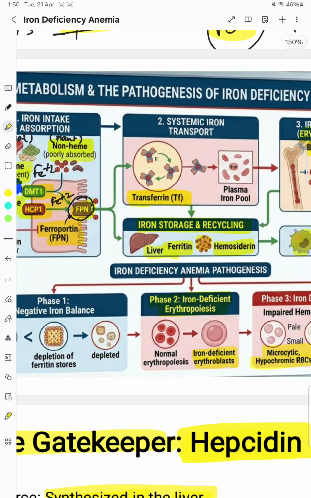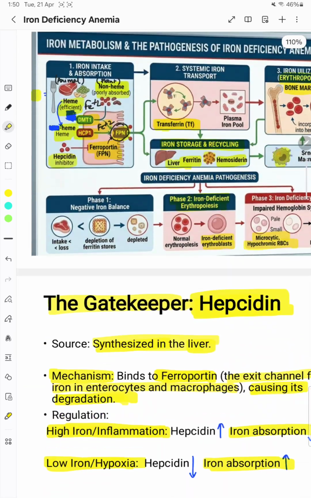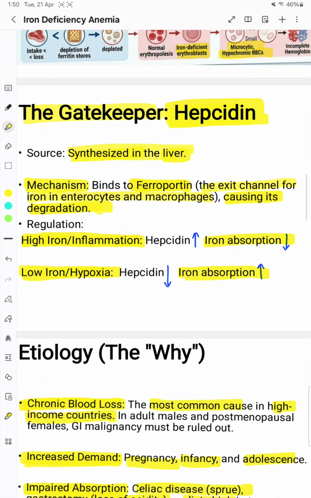So if the ferroportin is degraded or not working, this will result in decreased availability of iron. Hepcidin is the inhibitor of ferroportin. That's why hepcidin is a negative regulator of iron.